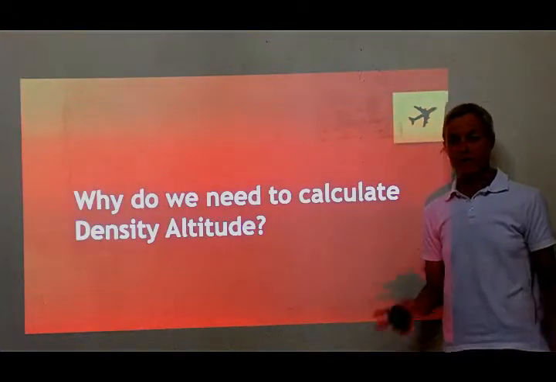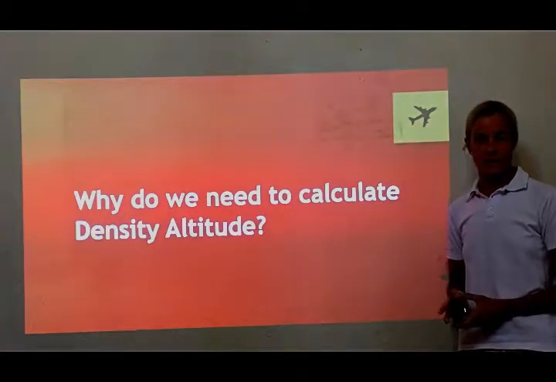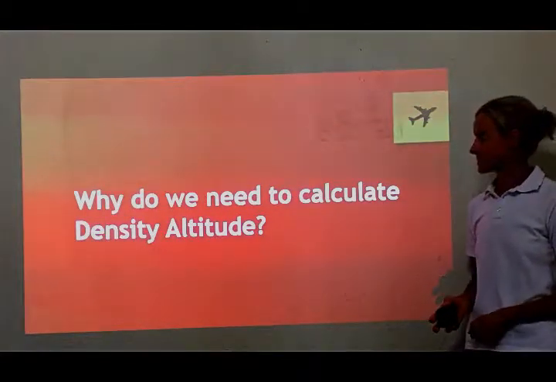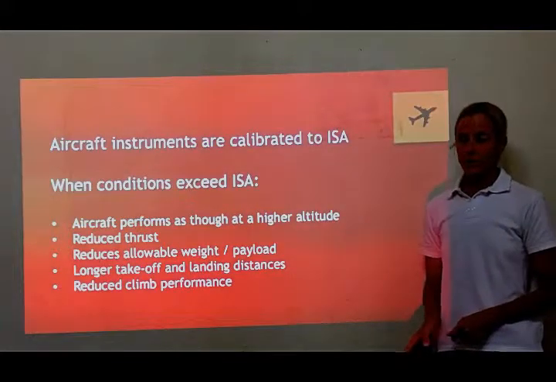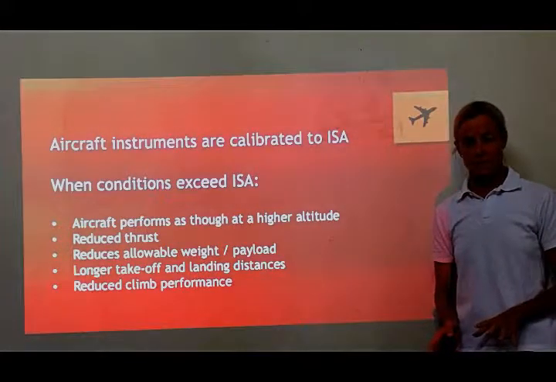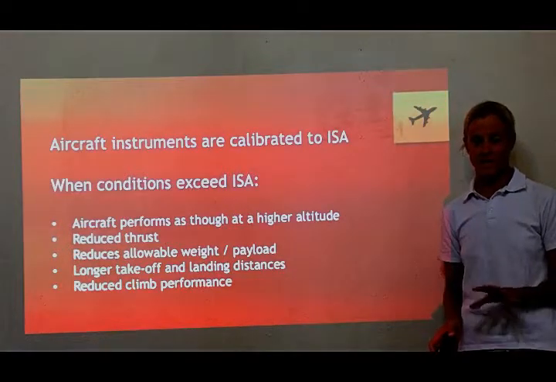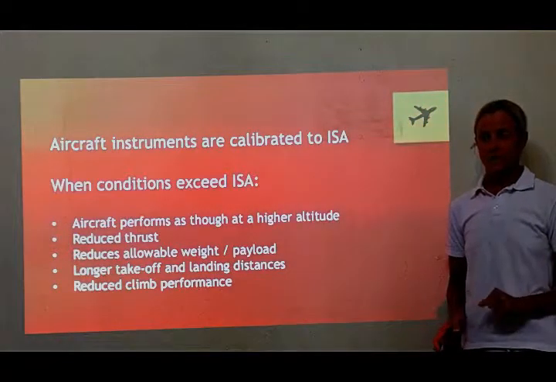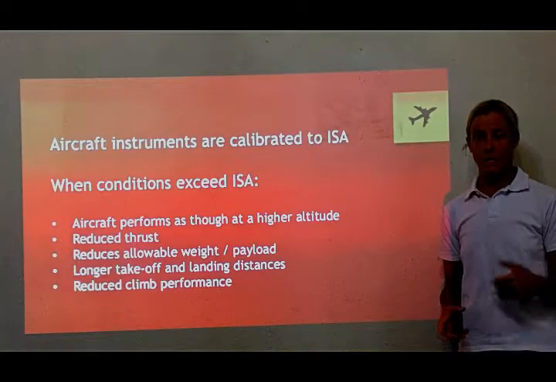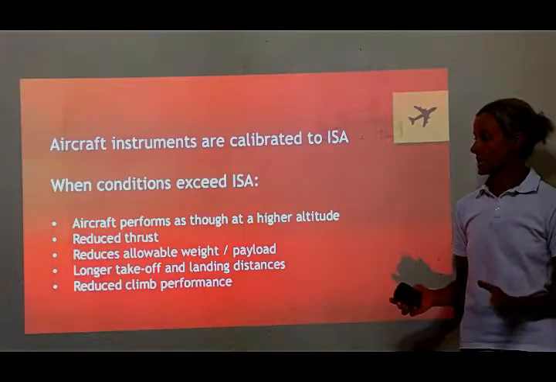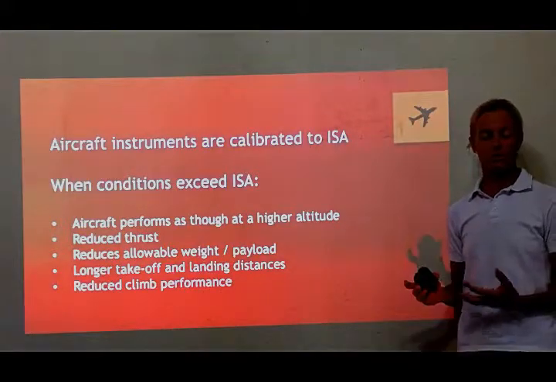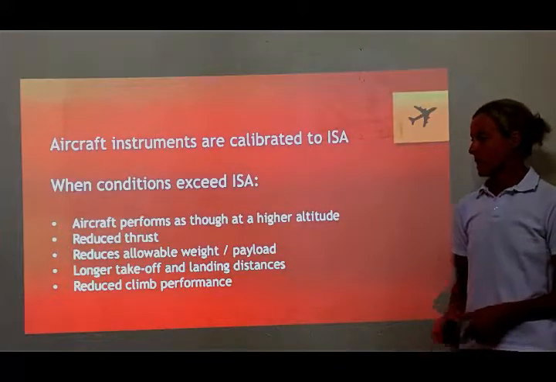So, does anyone know why we need to calculate density altitude? As you know, aircraft instruments are calibrated according to ISA conditions. So any deviation in excess of ISA particularly will result in reduced aircraft performance.